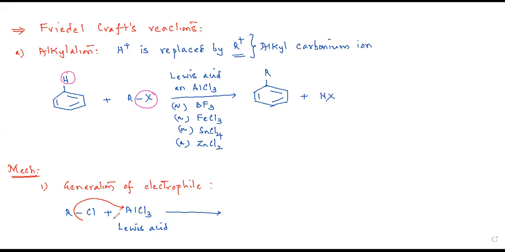A pair of electron is given to aluminum. Then we get R plus, of course, this AlCl4 minus. Now, R plus is the electrophile here.